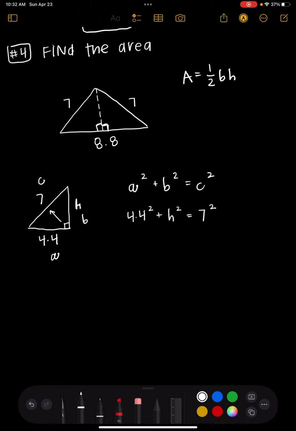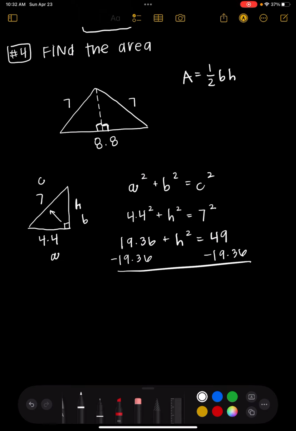Now let's solve this for h by doing 4.4 squared, which gives me 19.36 plus h squared, because that won't simplify yet, is equal to 49, which is 7 squared. Okay, so we want to solve for h. First thing I'm going to do is subtract the 19.36 from each side. And we end up with, let's see, 49 minus 19.36 gives me h squared is equal to 29.64.